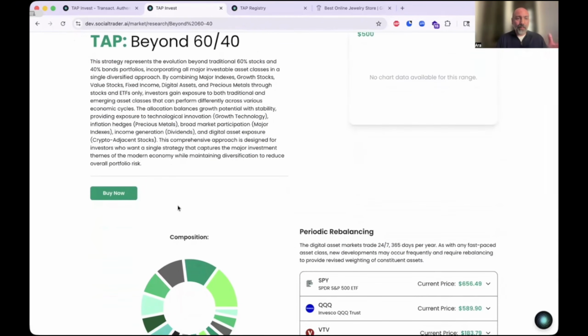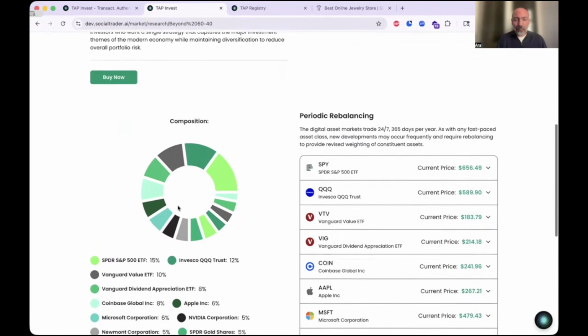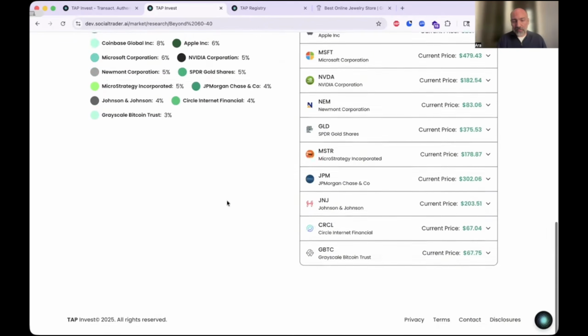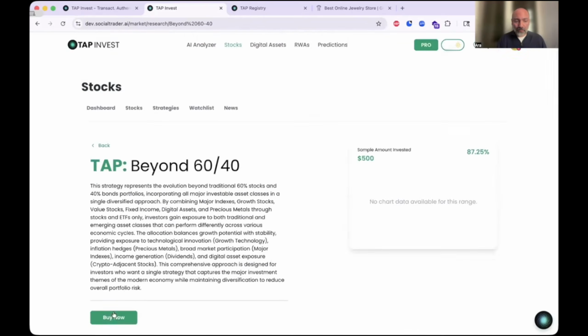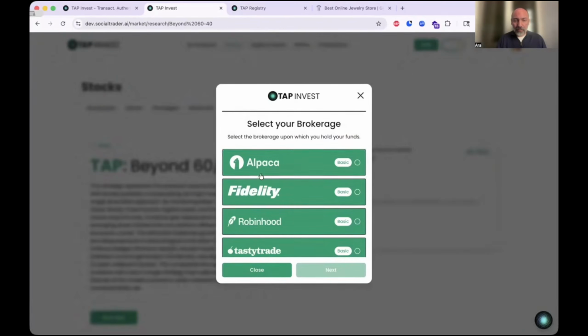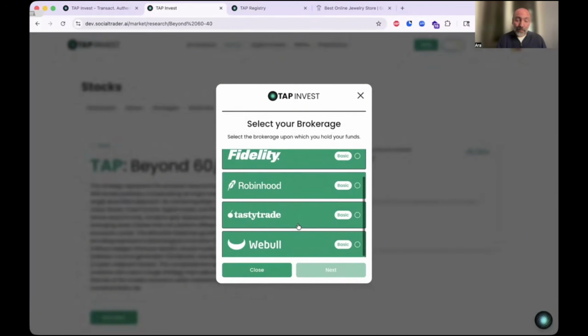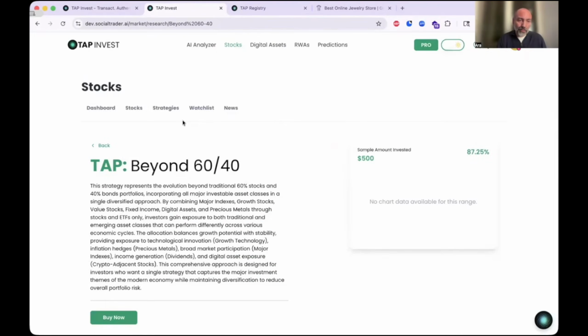I'll be able to see all of the assets that it's comprised of, and then the allocations of each one of those strategies. If it's a strategy I want to buy into, I can click buy now. It'll show me the different exchanges that I can use that might or might not be connected. I can select that exchange and I can buy into that strategy.